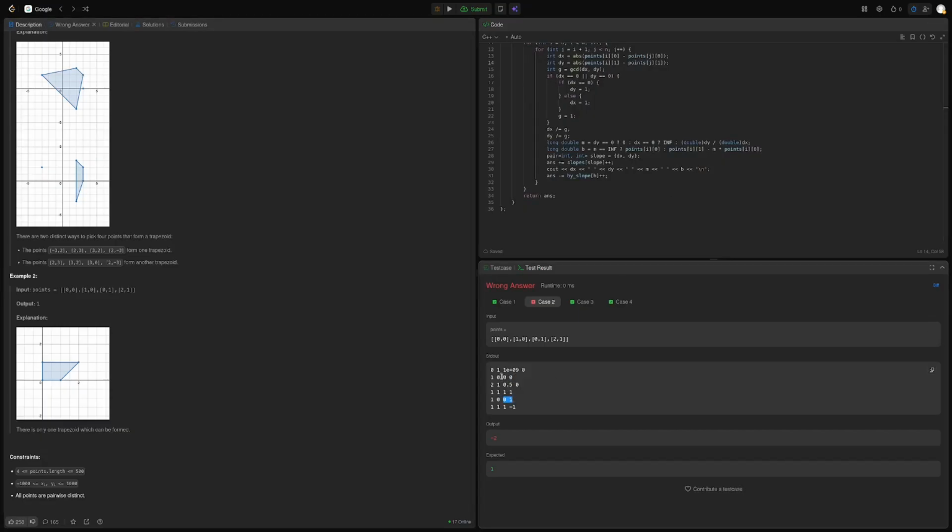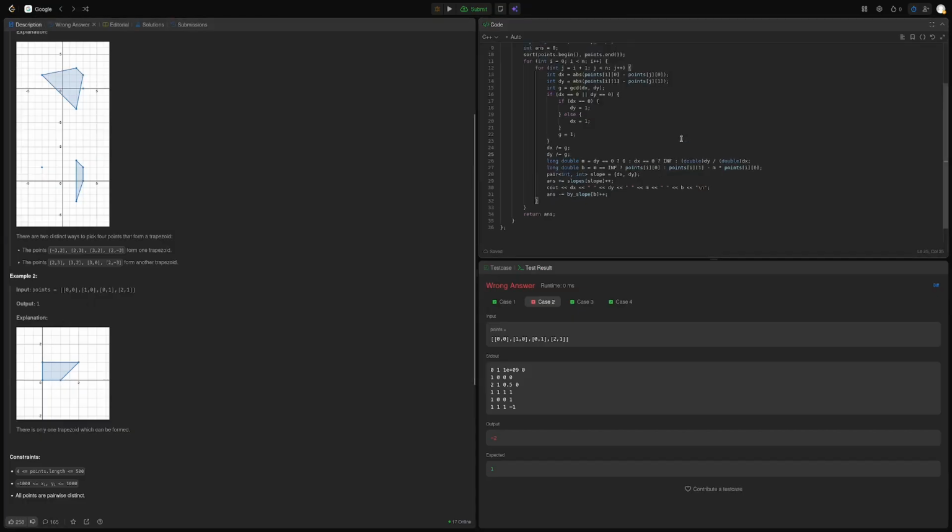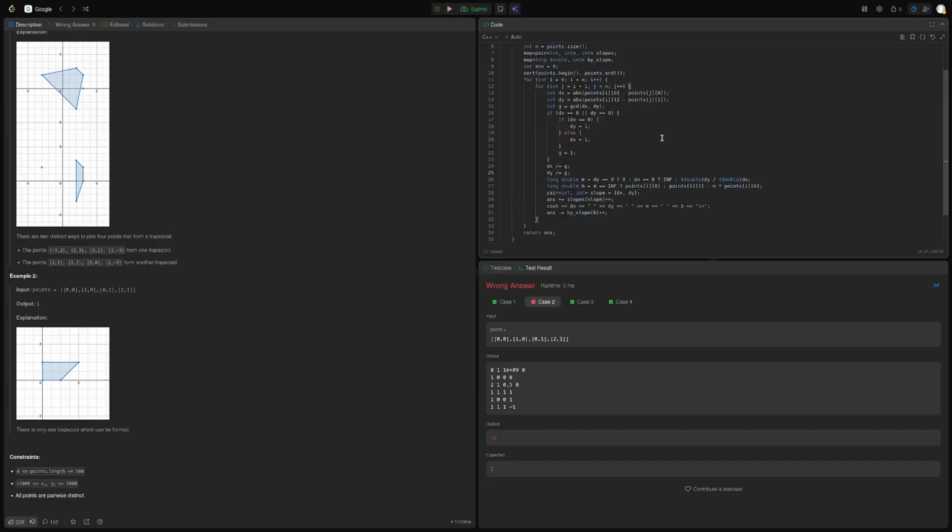But these have 0 and 1, so they are not going to be counted, and then we have the same slope of this and this, so that's the very last 2 points, so 0, 1, 2, 1, and then second to last, so these two, so signs are wrong. Interesting.